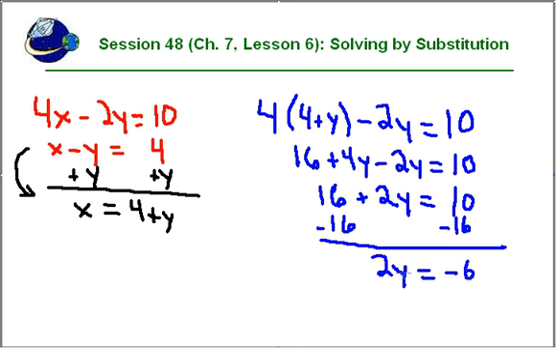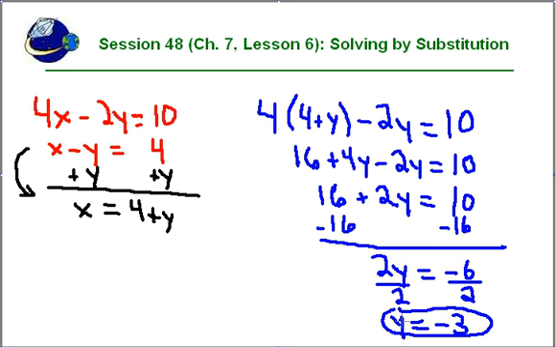Lastly, on the left, our y is being multiplied by 2, so to undo that, we're going to divide by 2, both sides. We are now left with y on the left-hand side and minus 3 on the right. So we've now found that minus 3 is the value for y that'll work in both equations.